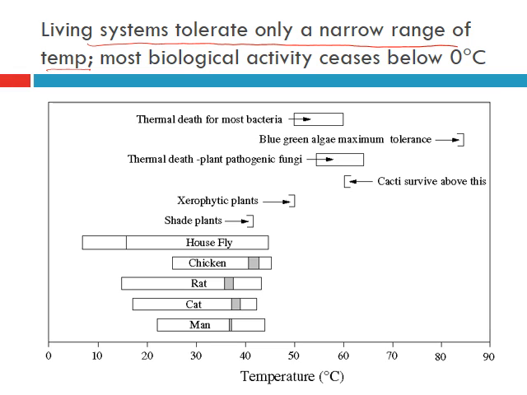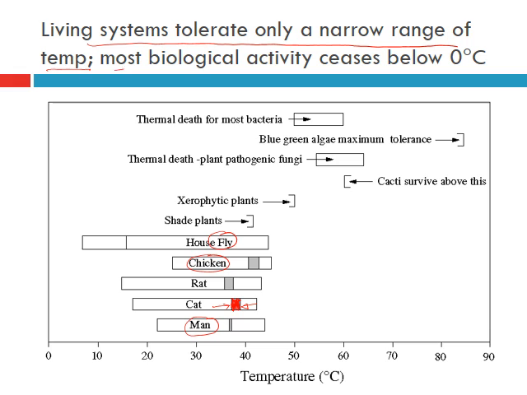Here you have everything from man to chicken to housefly, and the shaded region is the region where the particular system can tolerate temperatures and still have a normal life, and that is a very narrow range.